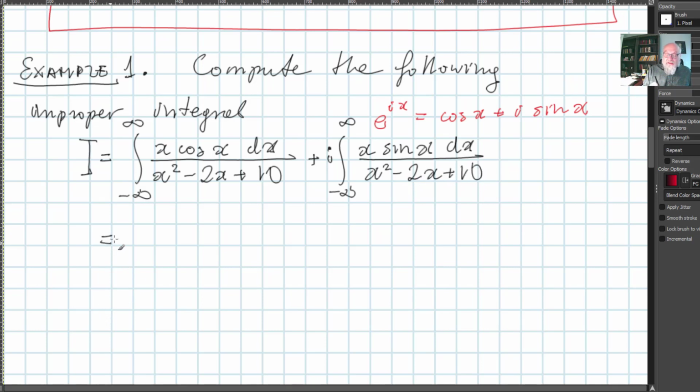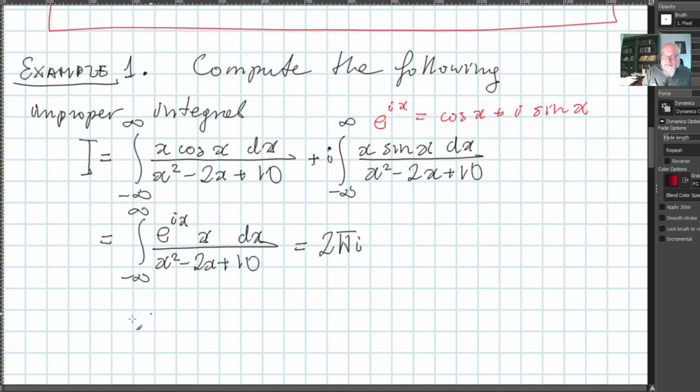You can see that this is actually the integral of type number 3, where you have e^(ix) and then x divided by x squared minus 2x plus 10, dx. And by using the formula for type 3, we get 2 pi i, and there is only one singularity.